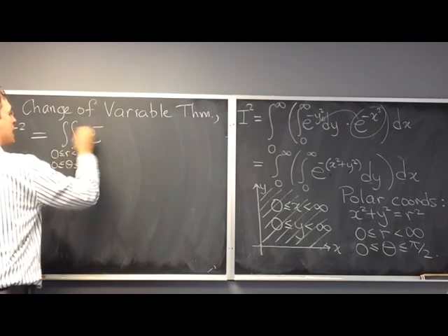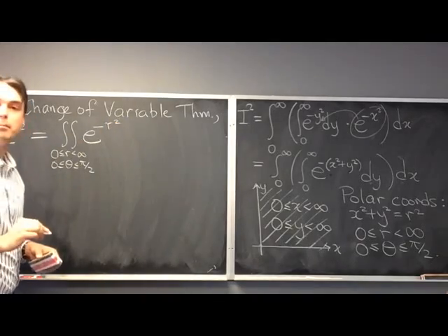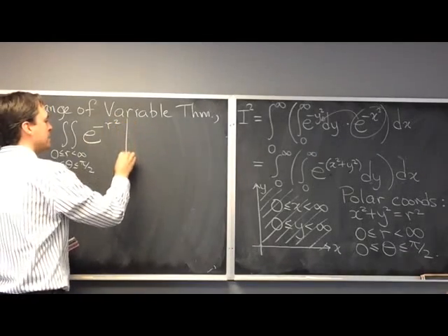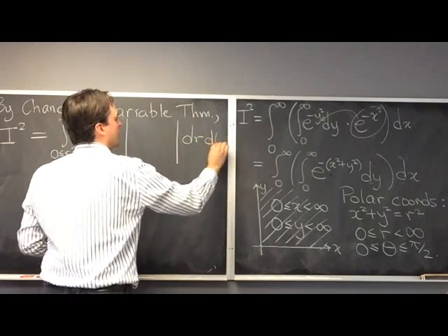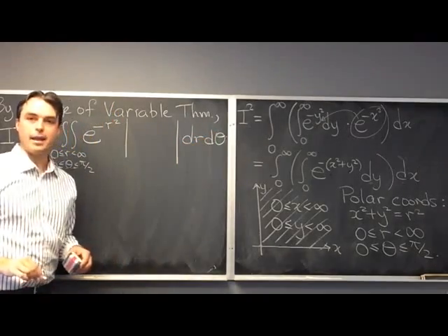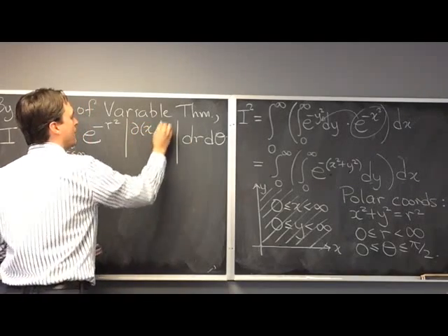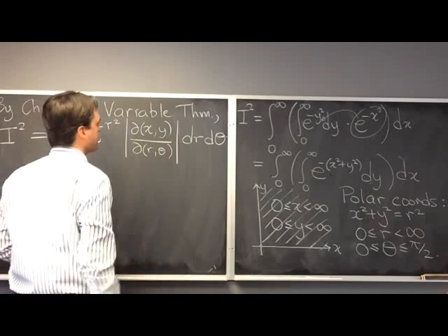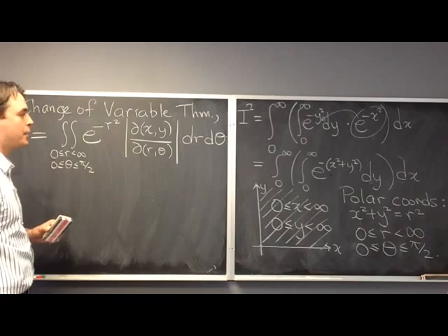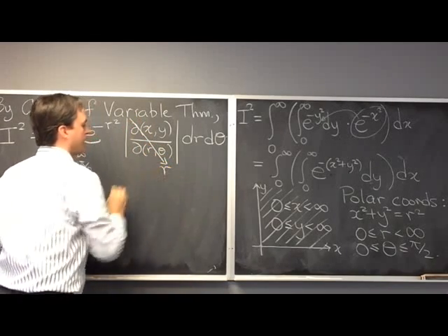And e to the minus x squared plus y squared becomes e to the minus r squared. We multiply by the absolute value of the Jacobian, and we're going to have an integral with respect to r and theta. So the Jacobian is the partial of (x,y) with respect to (r,theta). Again, we've calculated this earlier. That thing just equals r.